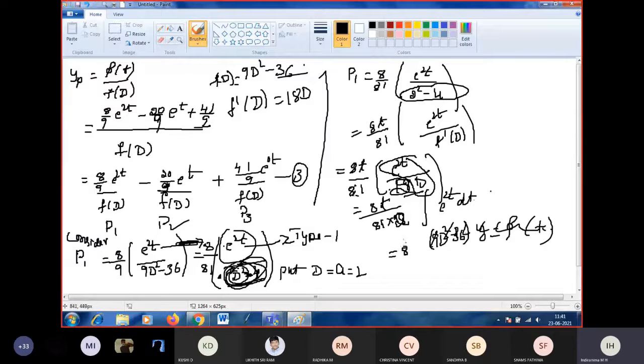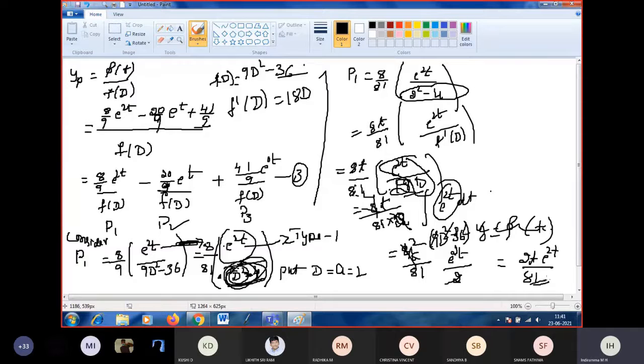So 8t by 81 into 2, 2 fours are 8, cancelled, that is 4t by 81 into the integration of e power 2t, which is e power 2t by 2. Here we have 4, 2 twos are 4, cancelled. That is t e power 2t by 81, so P1 is 2t e power 2t by 81.